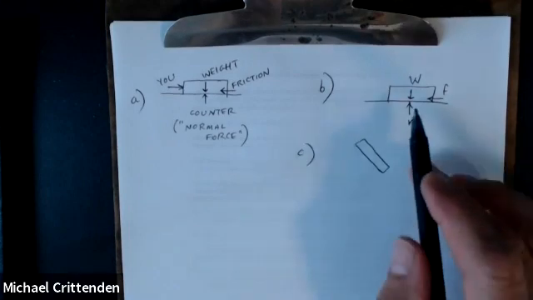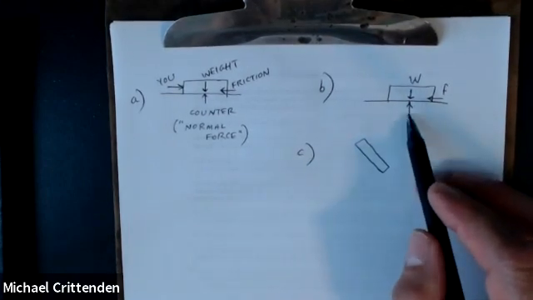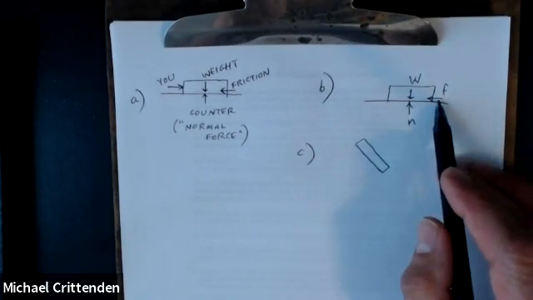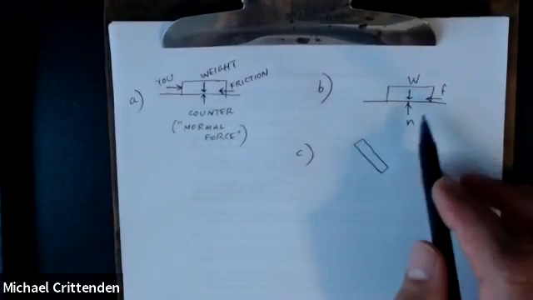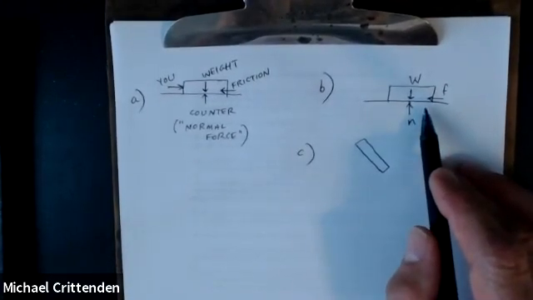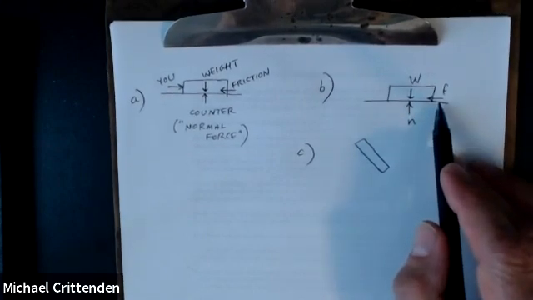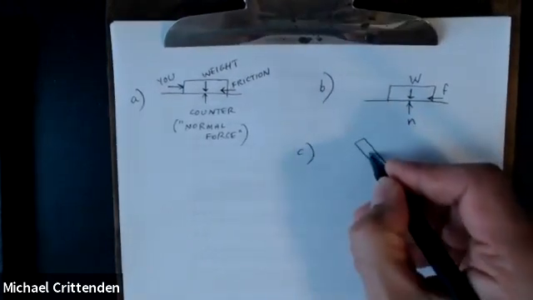The important thing is that this force, the normal force, and also the friction force, they both come from being in contact with the counter. Once it slides off and the thing is in midair, they are gone. So there's only one force left.